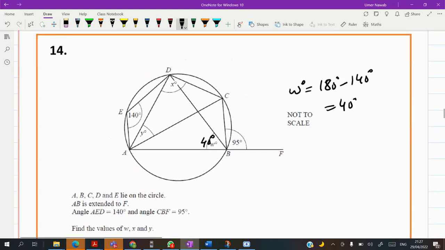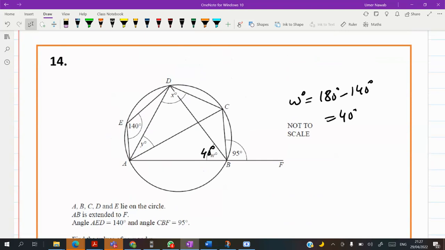Next, I want to find X. So shall we look again into a cyclic quadrilateral, the second cyclic quadrilateral, which we can see in the circle. So I want to find this X. What is opposite to that? The opposite to that is this one. Oh, can I find this small angle? The answer is yes. First, try to find this angle.